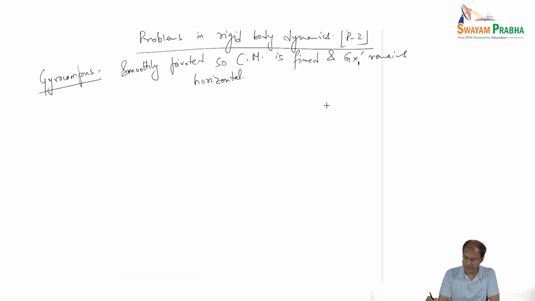So what we have is that here is the axis of symmetry, GX1, and this is the case where the gyroscope has this vertical axis. The gyroscope's spinning axis is always horizontal, and it is spinning about the horizontal plane. So this is my x1 prime, and this is the angle that it spins around in the plane.